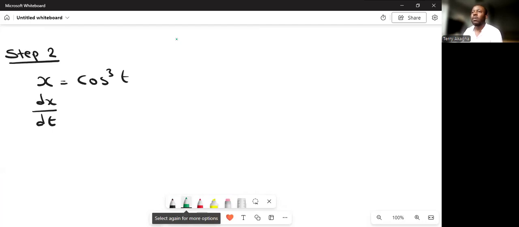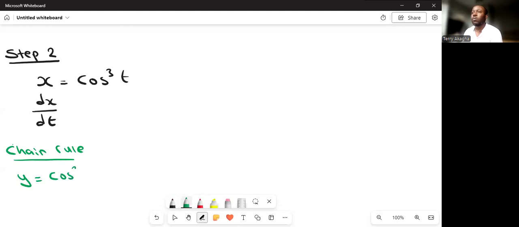So the same thing, let's say y is equal to cos cube t. I want to use the chain rule for this. So it's the chain rule we're applying here. Please go back to my video to have a look at it. So we have y is equal to cos cube t.